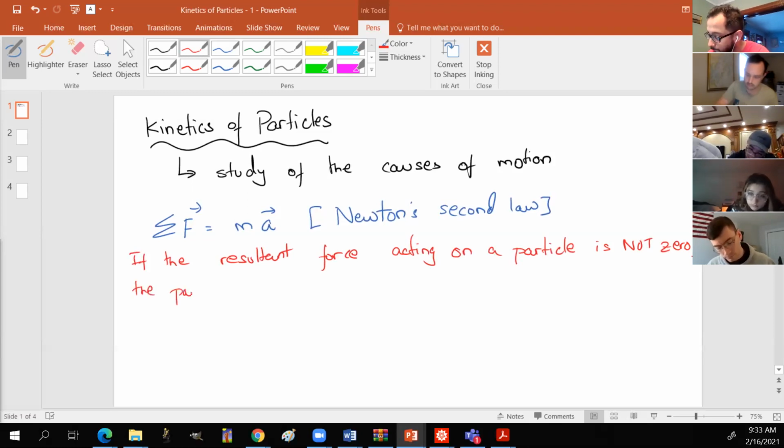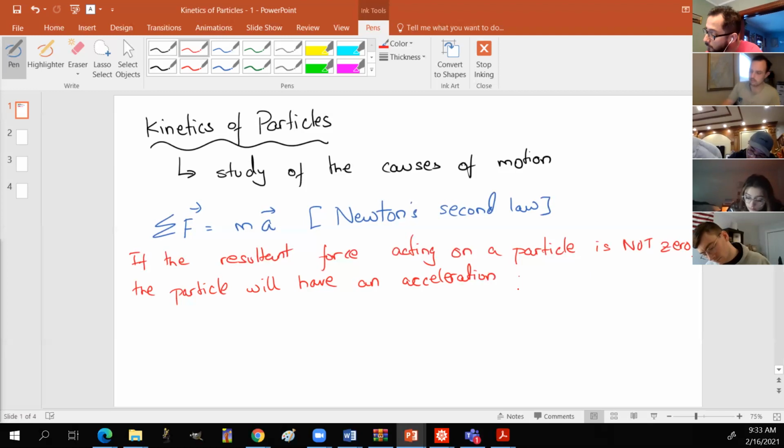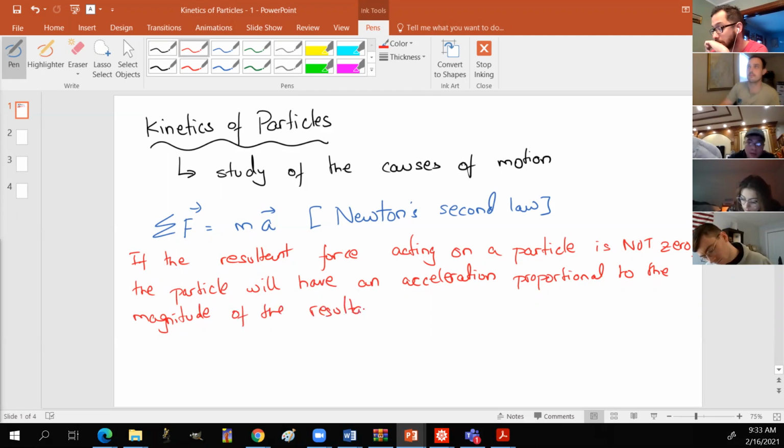The particle will have an acceleration proportional to the magnitude of this resultant force and in the direction of the resultant force.